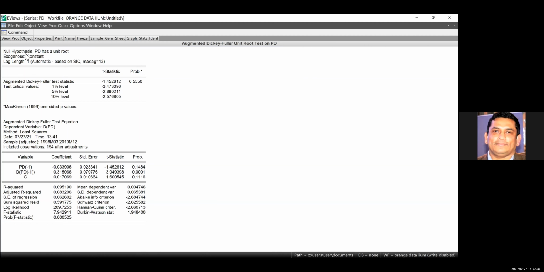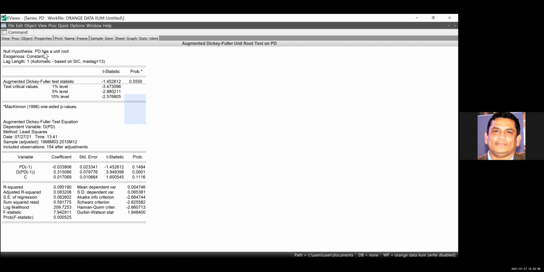The hypothesis is that PD has a unit root. So it's non-stationary, violating classical econometrics rules. I mean, it does not follow a constant mean, constant variance, or IID.